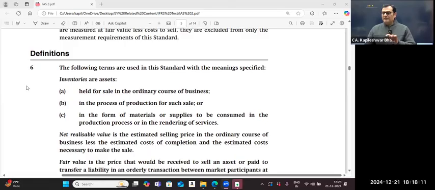Just read points A, B, C, and then based on that, I'll put a question to you. Let me know once you've read it, then I'll put my question.